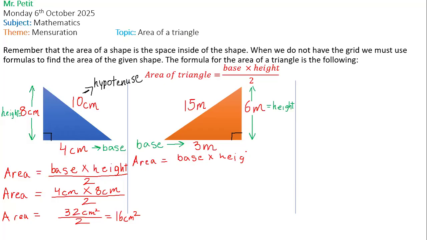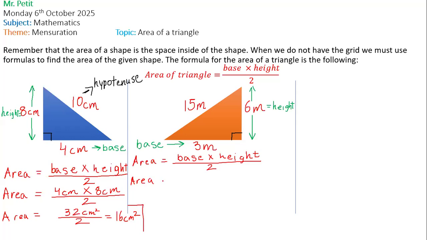So this is the formula that we are given. You have to memorize this formula. Make sure you know it by heart. It's the same thing like the area of a rectangle. What is the formula? Length times width. Very good. So you have to know that out of your head.